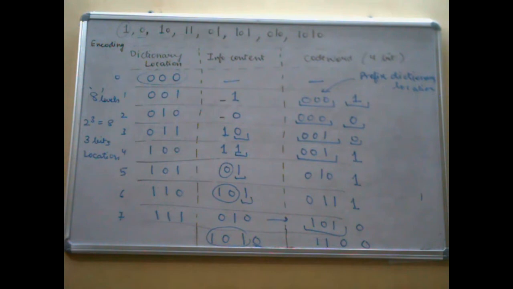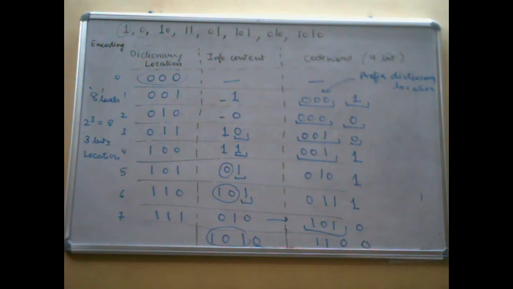So here the last one is called the least significant location. In this, we will see the last word of the information content, and we will directly copy it from there in the code word.